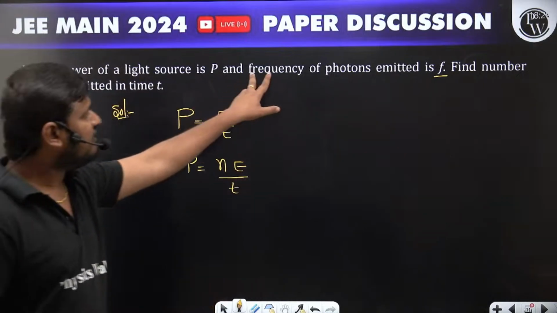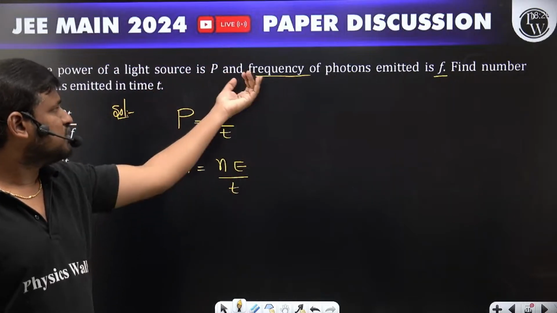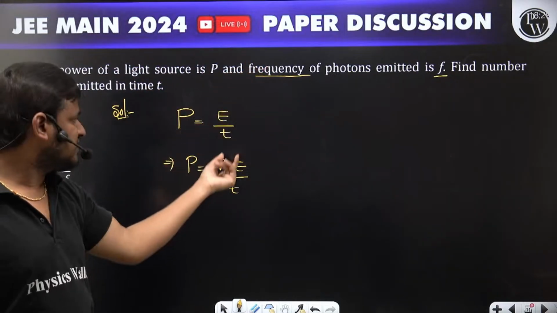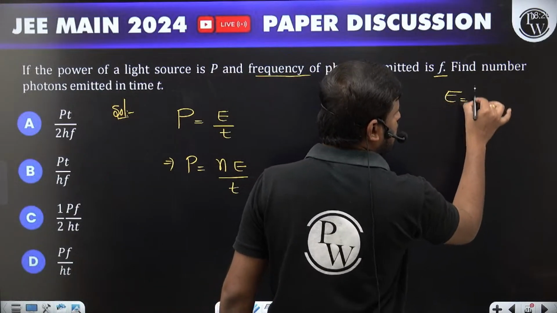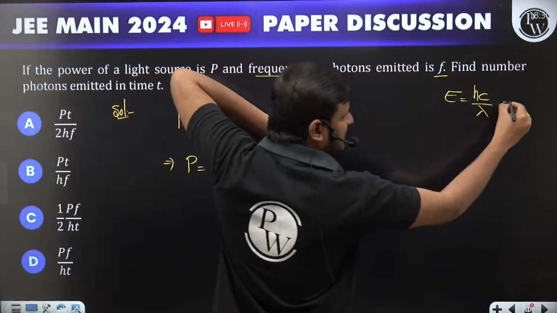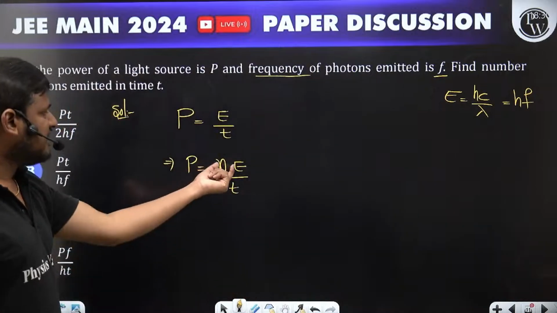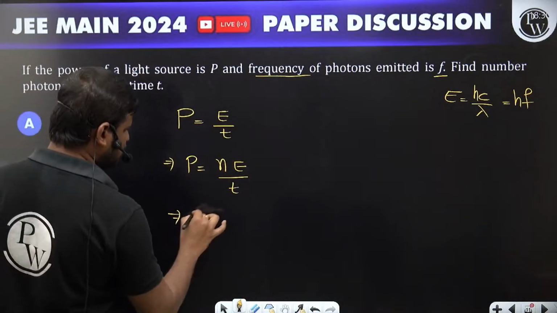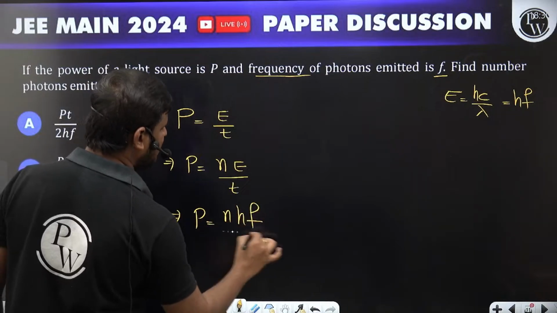Now they gave frequency in the question. In the starting we did one question where they gave the wavelength, so in place of E, I wrote hc by lambda there. Now I need to write in terms of the frequency, so in place of E, I'll write hf. So P is equal to n into hf by t.